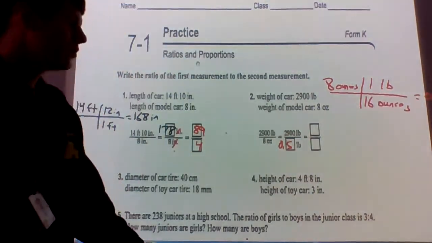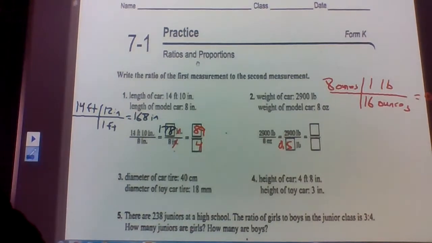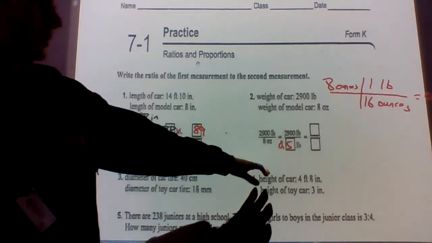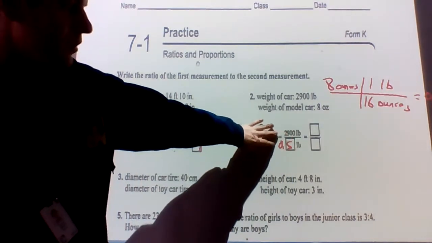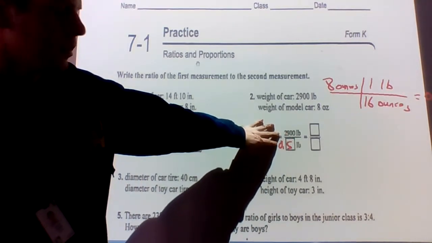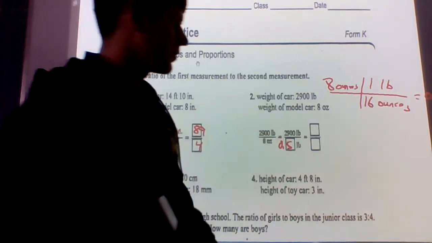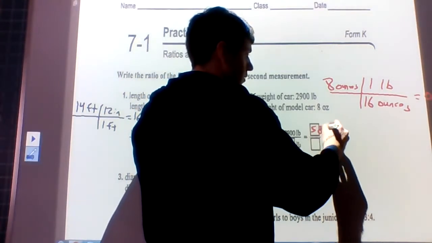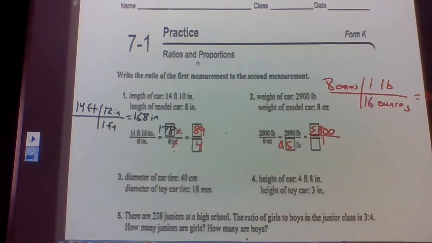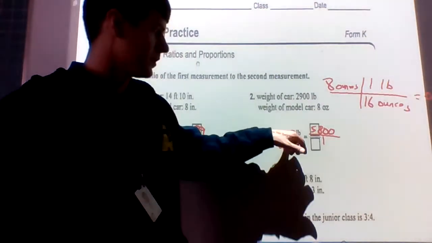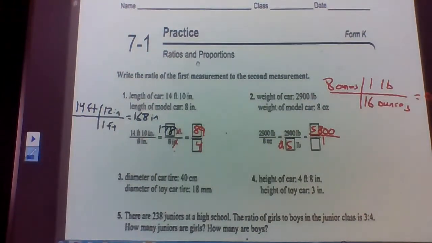Then if we divide 2,900 by 0.5, we want to get a fraction. We don't want decimals in our fraction, so this is going to become 5,800 over 1. Basically, we've got to multiply the denominator and the numerator by 2 to get the decimal out of the ratio.